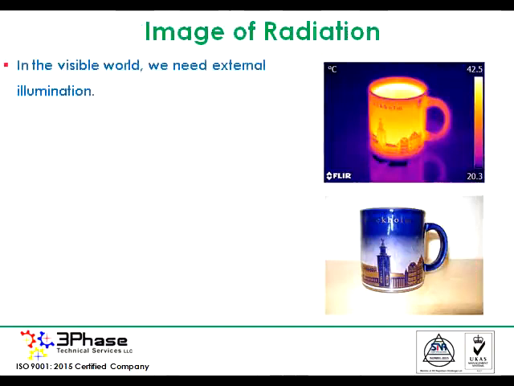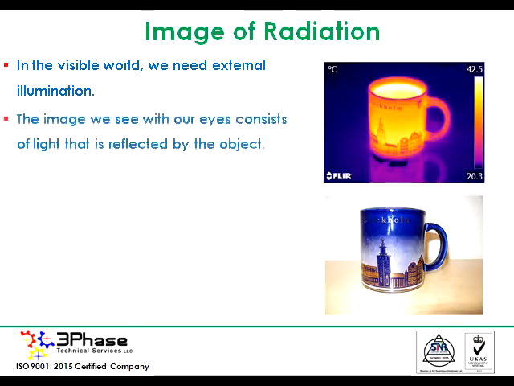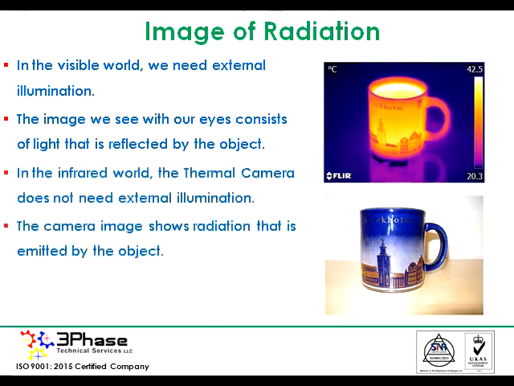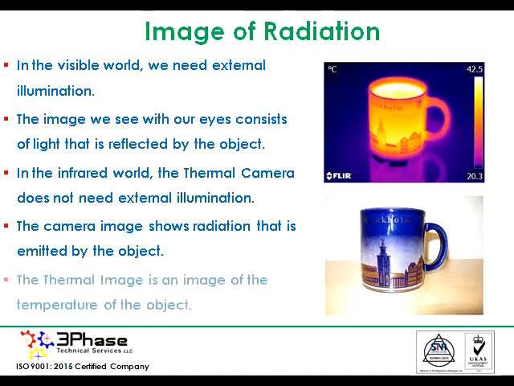In the visible world, we need external illumination. The image we see with our eyes consists of light that is reflected by the object. In the infrared world, the thermal camera does not need external illumination. The camera image shows radiation that is emitted by the object. The thermal image is an image of the temperature of the object.